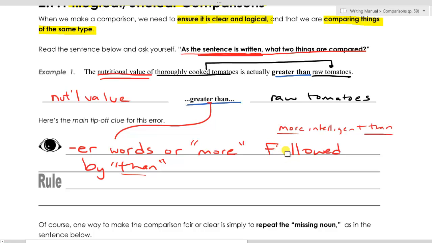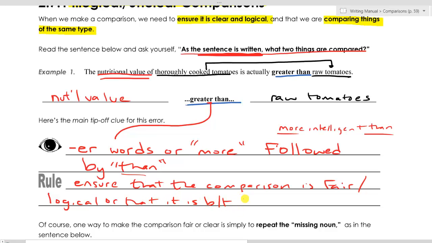Sorry, I'm just going to clean this up a little bit. So the rule is: ensure that the comparison is fair and logical, or that it is between two things of the same type.